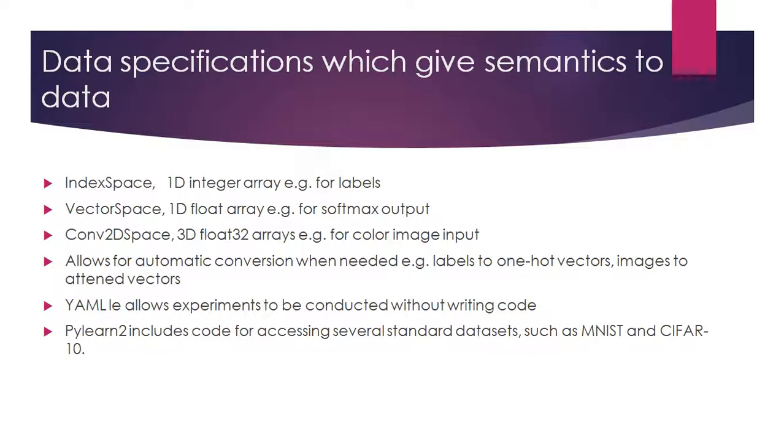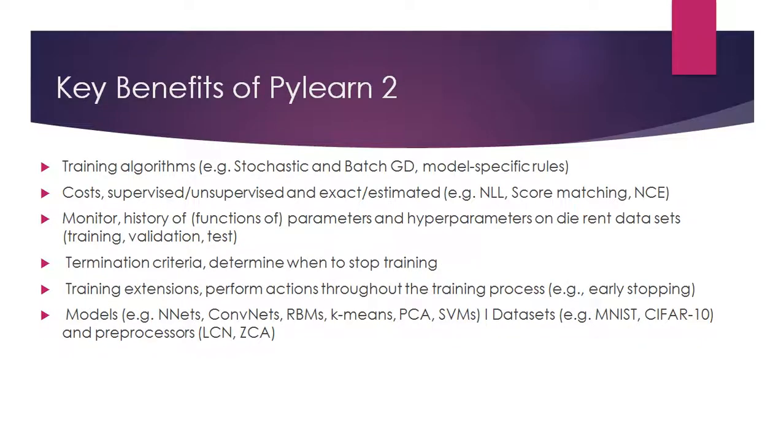In the next slide, we will see the technical specifications. When a researcher has a script, in this part of the script we have Pylearn2 libraries. Using the Pylearn2 libraries, machine learning algorithms can solve various problems.